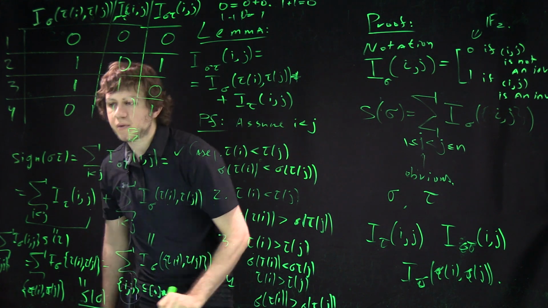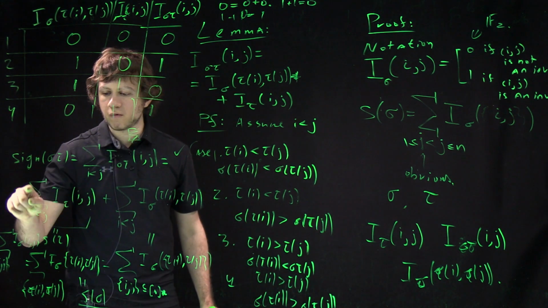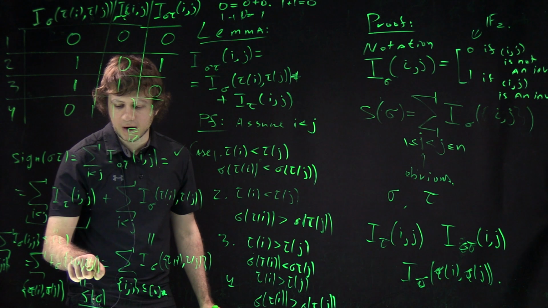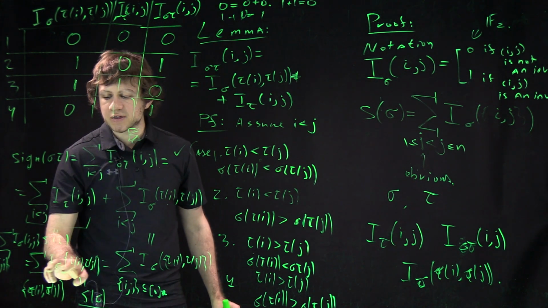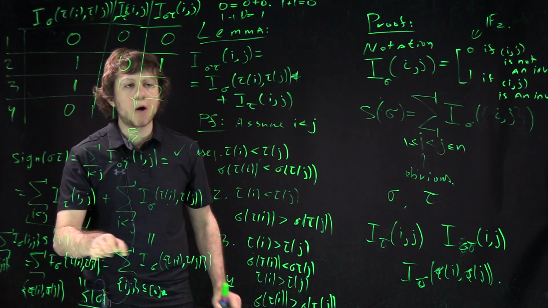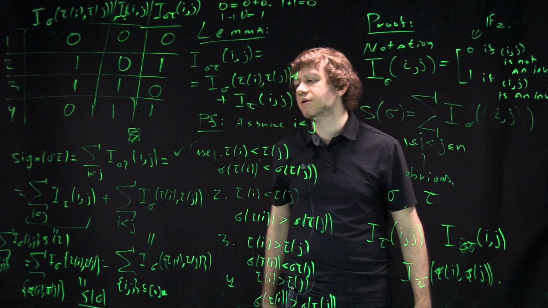So this is the key part in some sense. Please think it through a little bit. So when you sum over all i less than j, I sigma of tau of i, tau of j, it is the same as summing over just forgetting about tau here. Because what tau will do is just relabel all the pairs, and the summation will still be you summing up the same numbers.